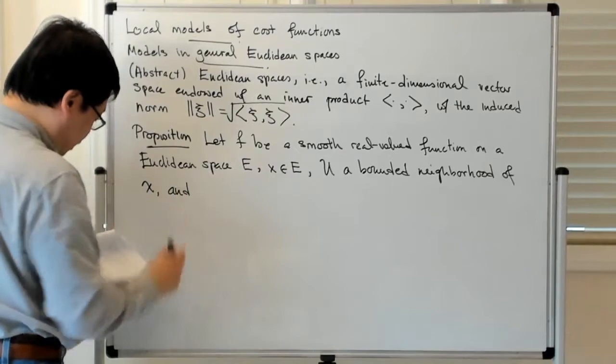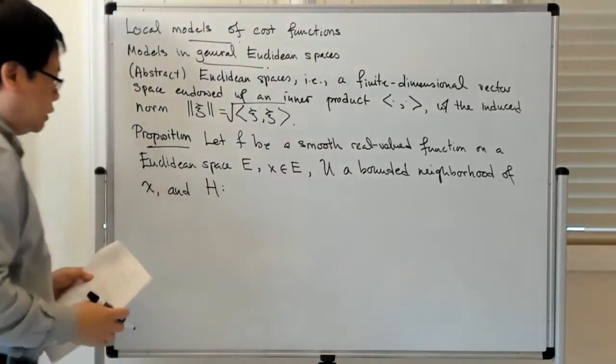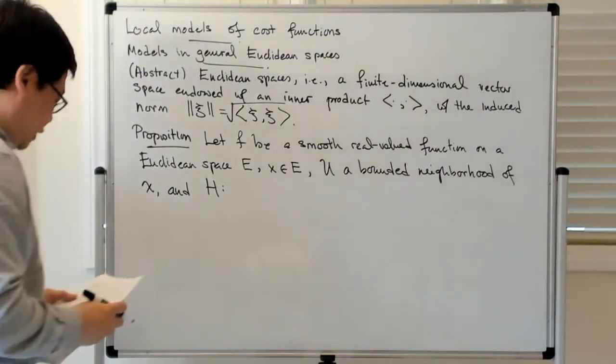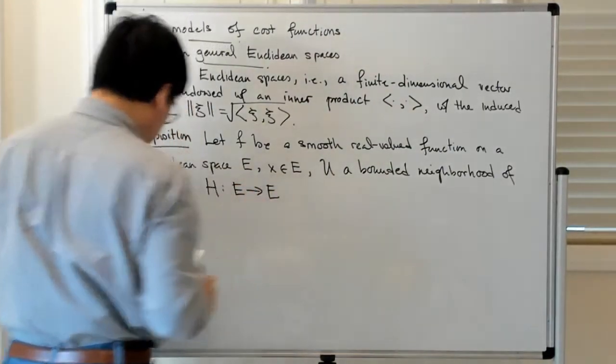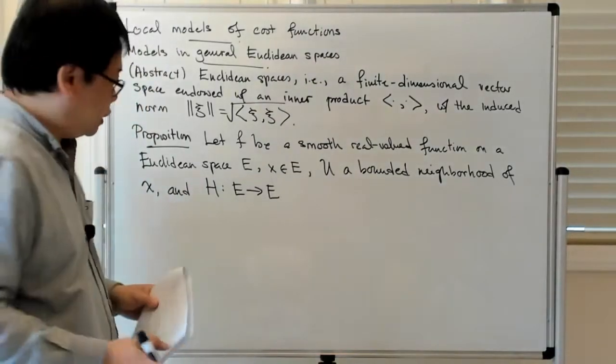And then now, again, instead of thinking of a matrix, we have a linear operator H, which maps from E to E. And it's symmetric, so that's the analog of a symmetric matrix.